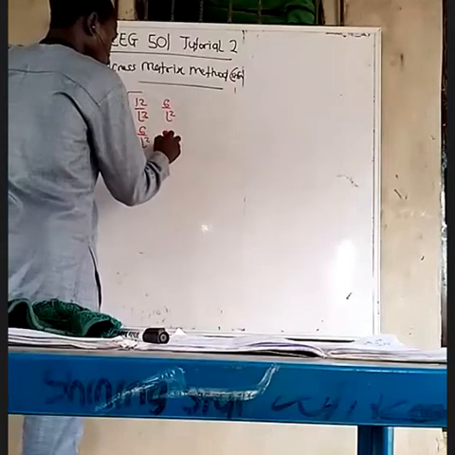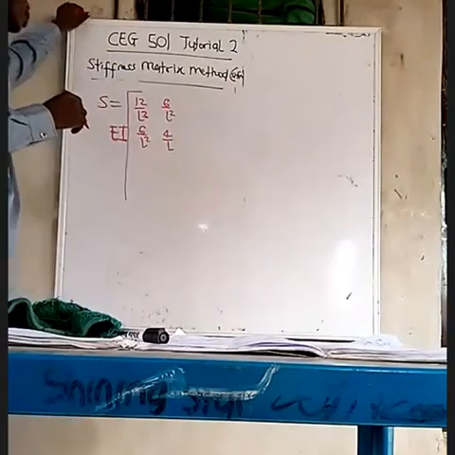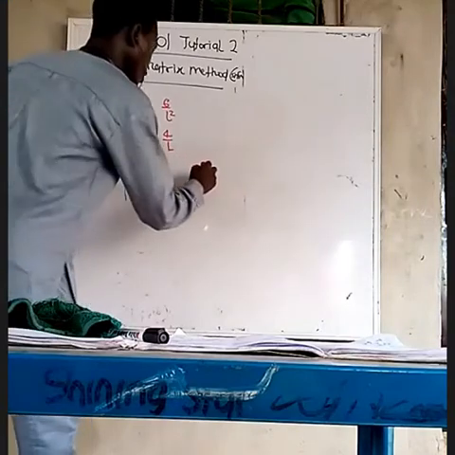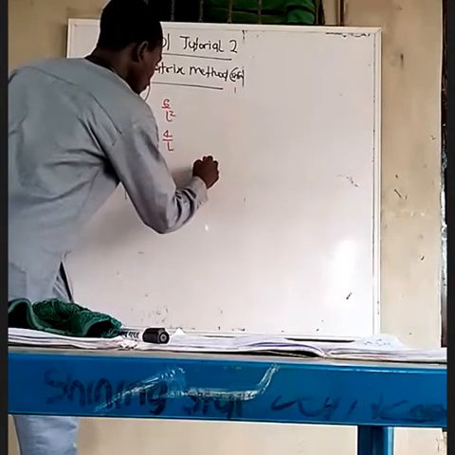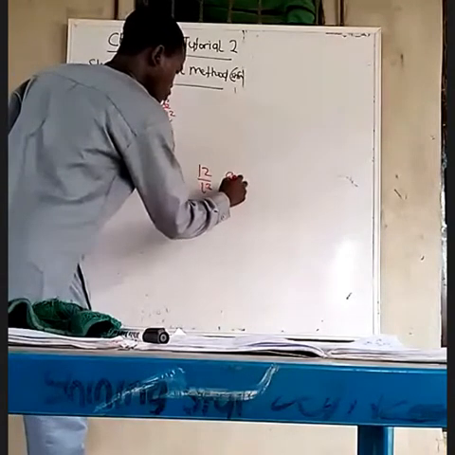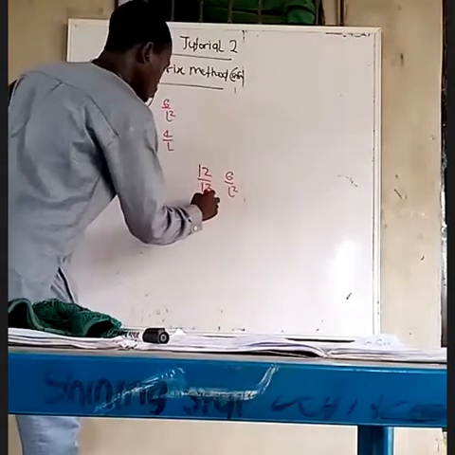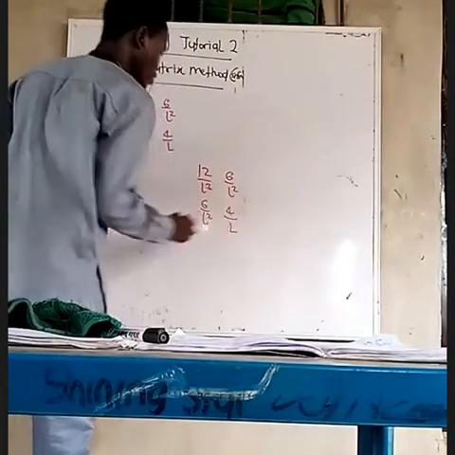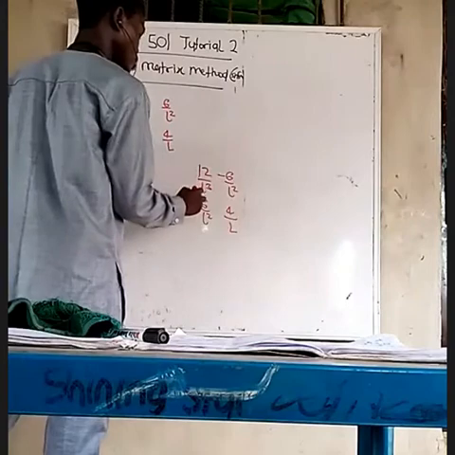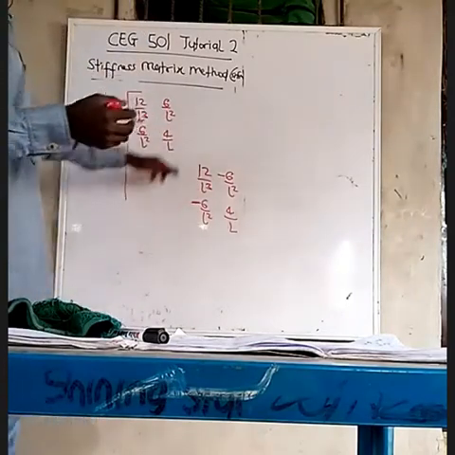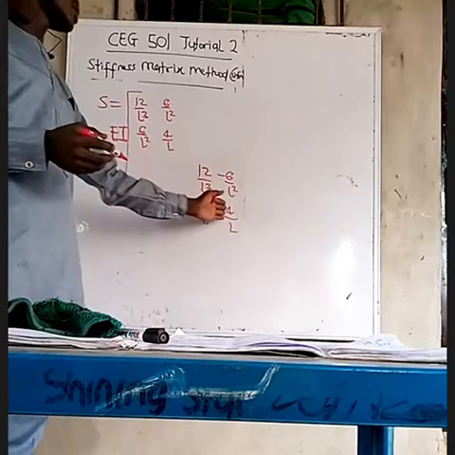So the diagonals will be negative. That's a way to memorize it.